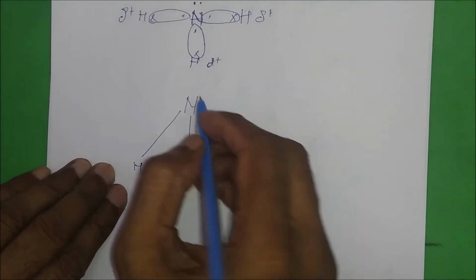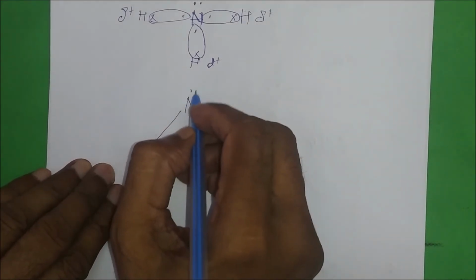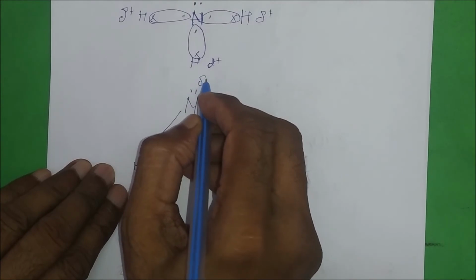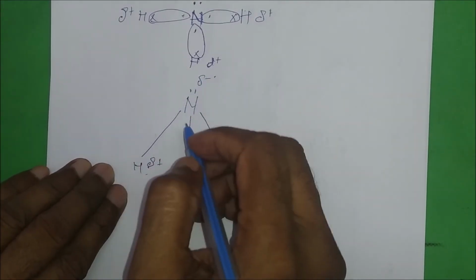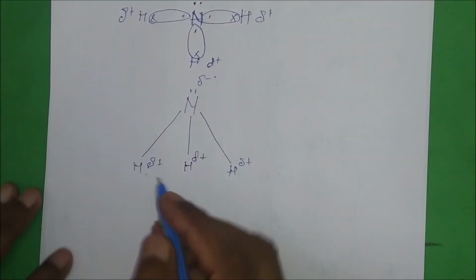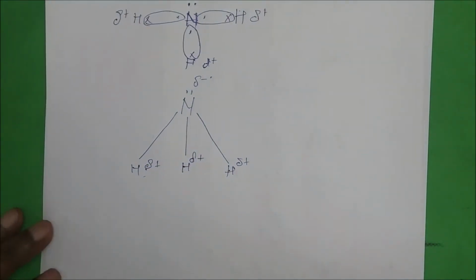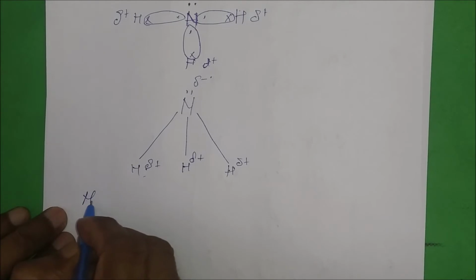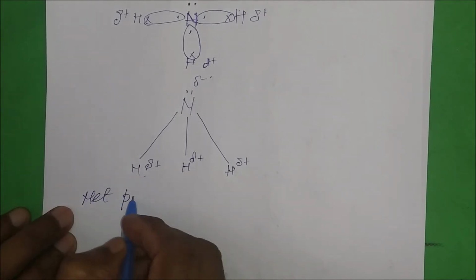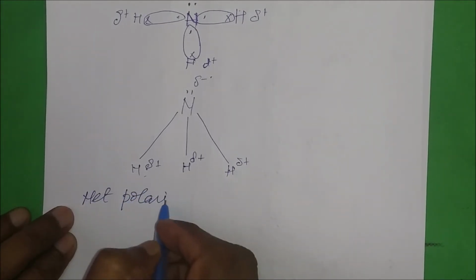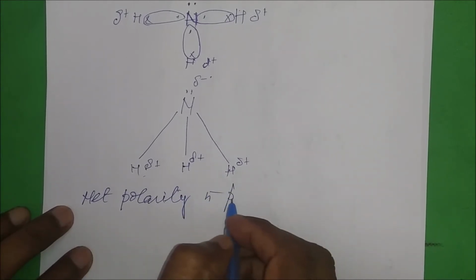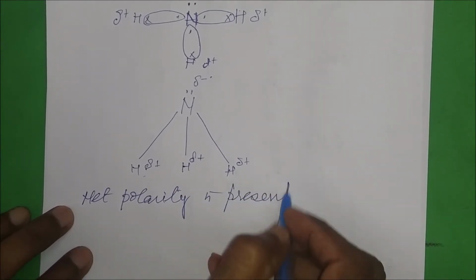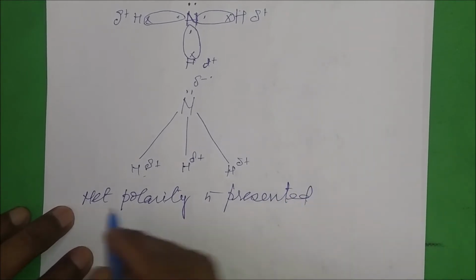And the 2 that is there is delta minus. So these all give the net polarity that is presented. This is the net polarity. Is it very clear? So simple.